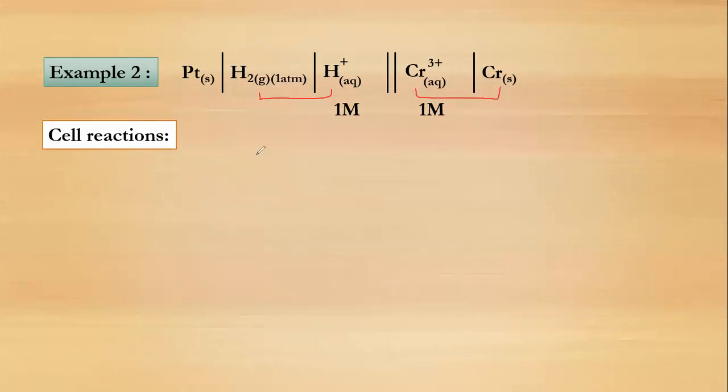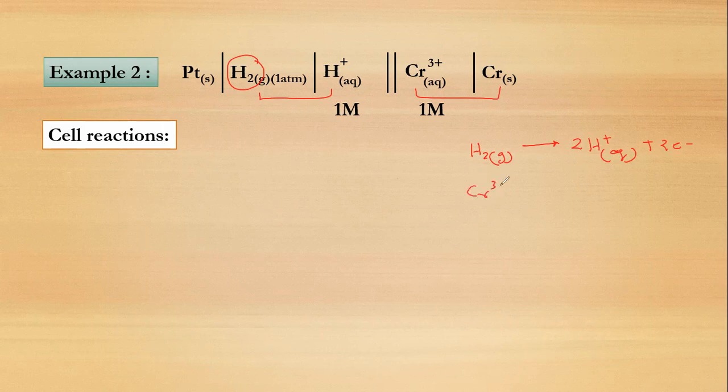In the oxidation half reaction, hydrogen releases electrons and converts to H+ ions. So how to write this oxidation half reaction? We are observing H2 gas here. It will release electrons to form 2H+ ions aqueous plus 2 electrons. And the reduction half reaction is what?